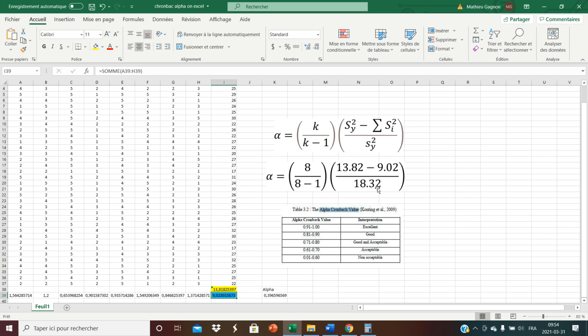Alright? I can't explain to you the mathematics behind that. I just take it for granted that that's the formula. Okay? Si vous voulez comprendre la logique mathématique derrière ça, allez la chercher. Moi, je me contente d'accepter que des mathématiciens ont trouvé que c'est comme ça qu'on mesure la constance interne. Right?